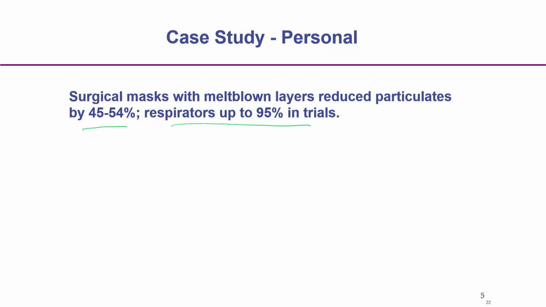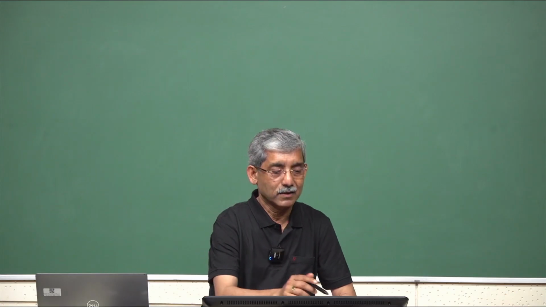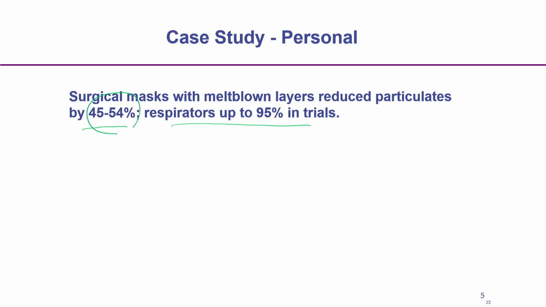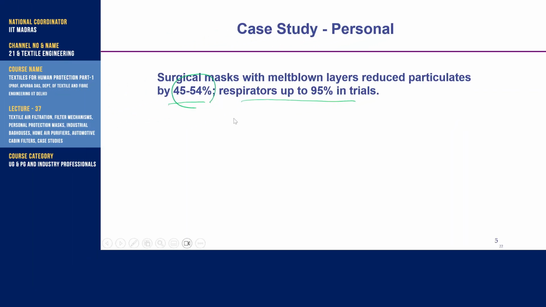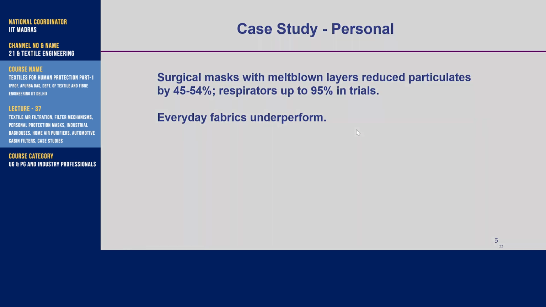So, where the melt blown layer is used, 45 to 54% is particle arrestance, but in respirator we get 95%, and for that if we use the multi layer, then we can enhance the efficiency. Everyday fabrics underperform. If we use the normal woven fabric, that will not be able to perform.